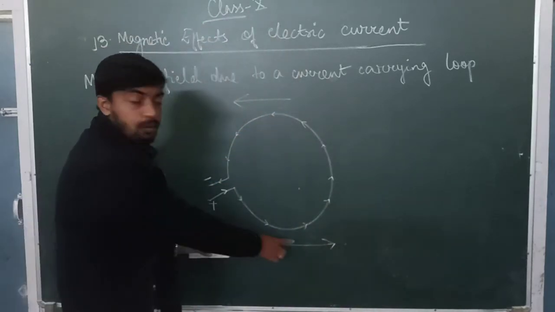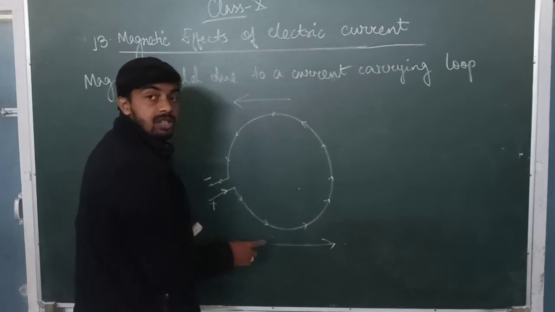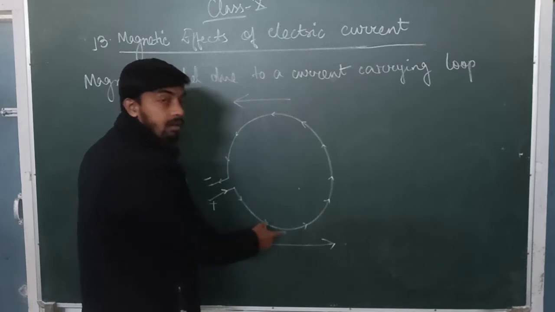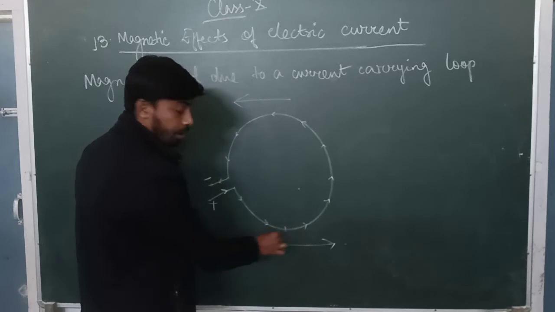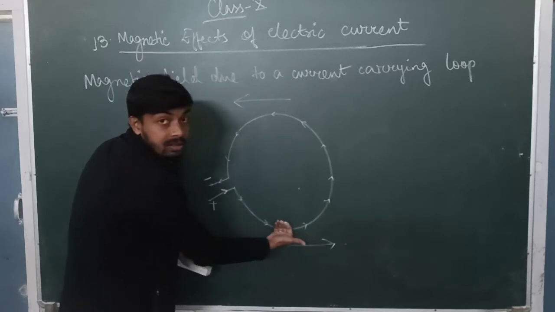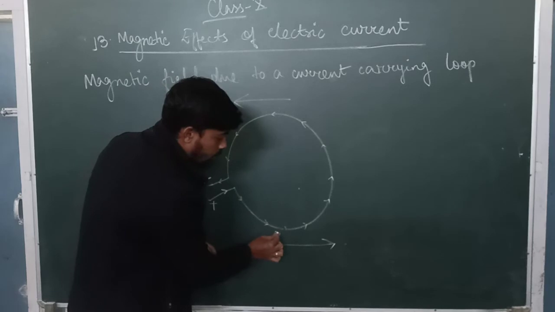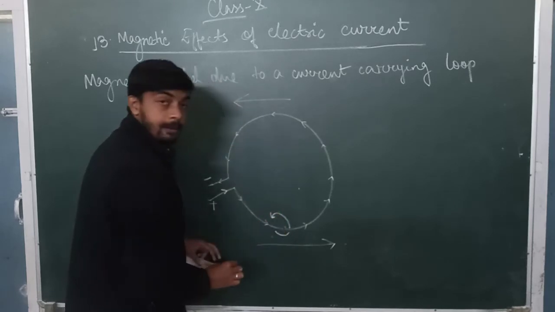Now when the current is flowing through this coil, it will induce some magnetic field around the wire. If we apply the right hand thumb rule exactly at this point, the current is flowing like this and the magnetic field will be in this direction.